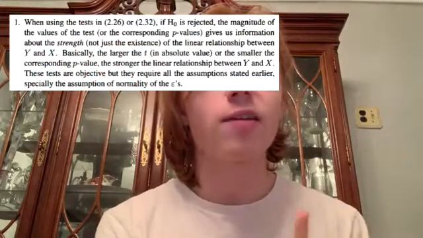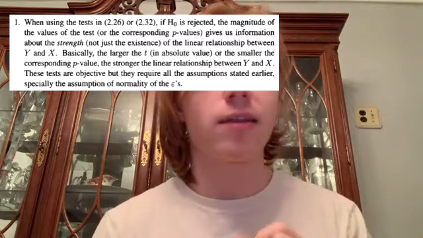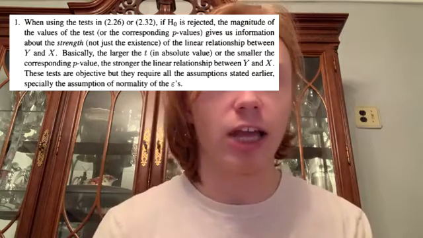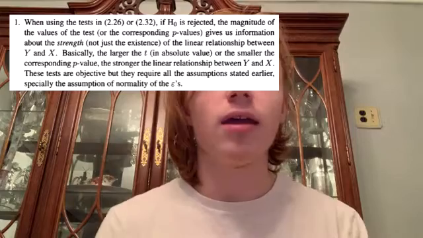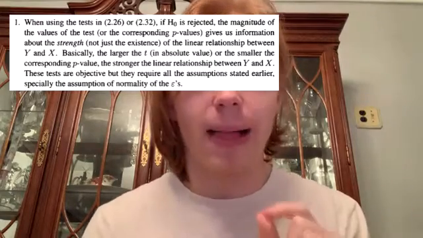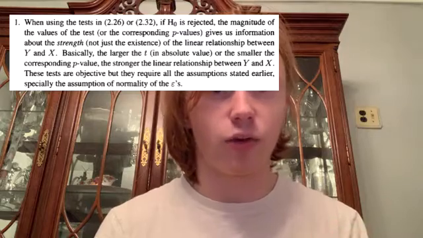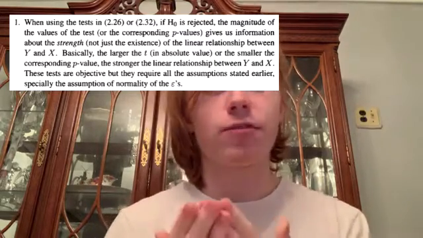Firstly, we have the case where the null hypothesis is rejected. Here, the extremity of the values describe to us the strength of the linear relationship between y and x. By finding a large value for t, or a small corresponding p-value, we have a strong linear relationship, and the same is true for the inverse.